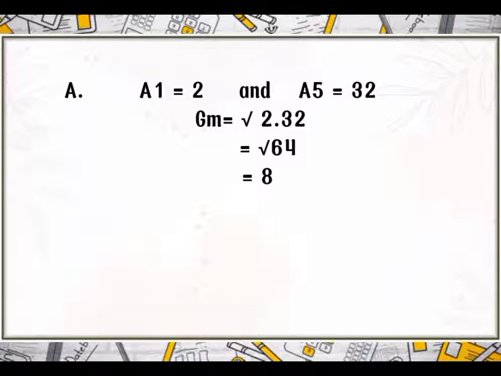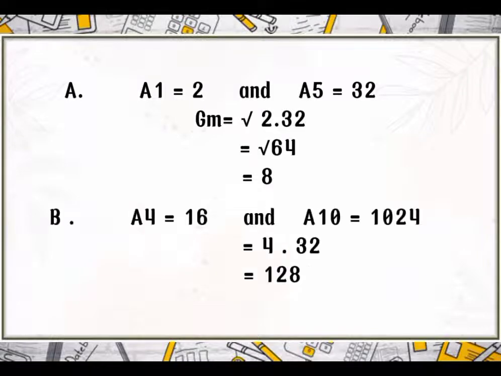So, from the given, our first term is 2 and our fifth term is 32. Then, geometric mean is equals to square root of 2 times 32 is equals to square root of 64. Then, square root of 64 is equals to 8.